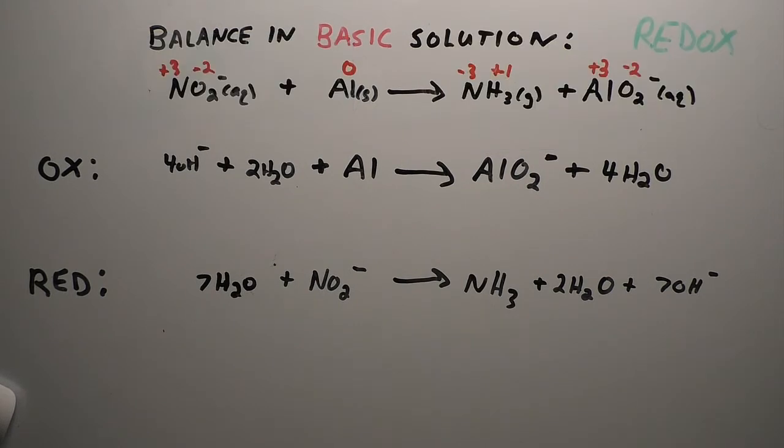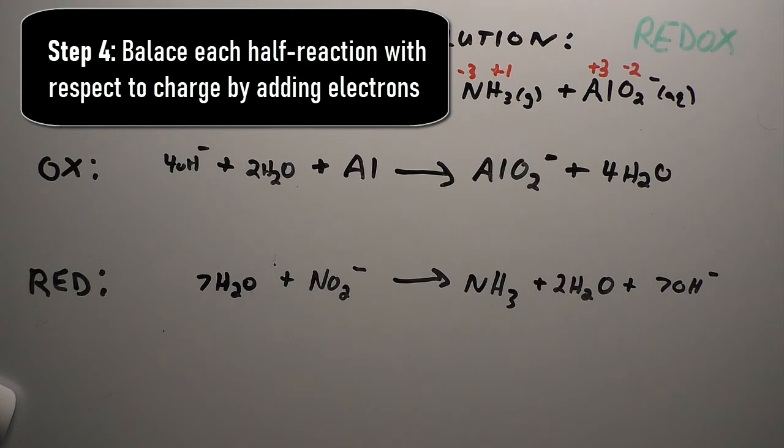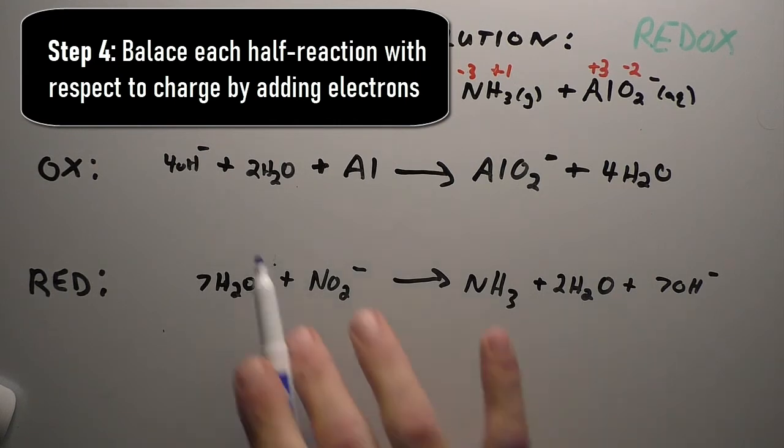Now step 4 is going to be to balance each half reaction with respect to charge by adding electrons. So I like to sort of figure out what the total charge of each side of each half reaction is, and then figure out how many electrons we need to add according to that. So in the case of the oxidation half reaction, what's the total charge on the left and on the right?